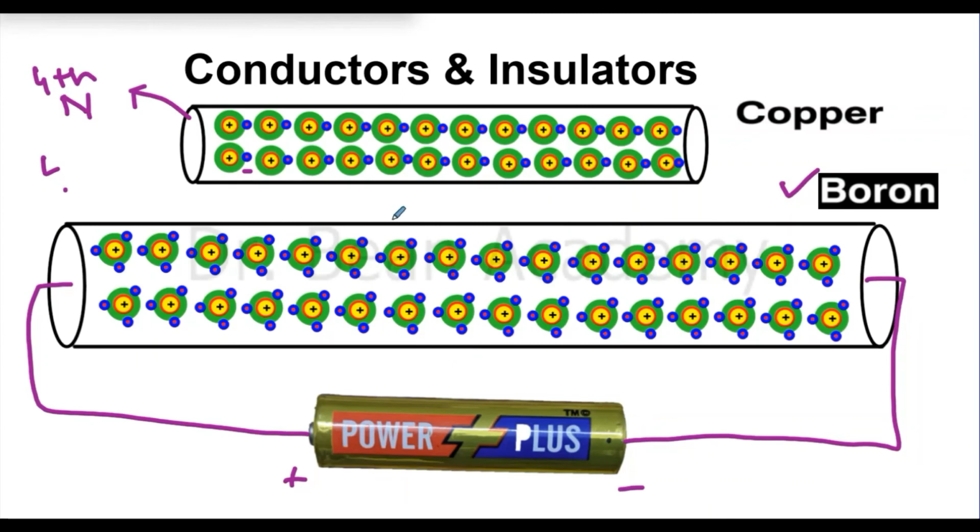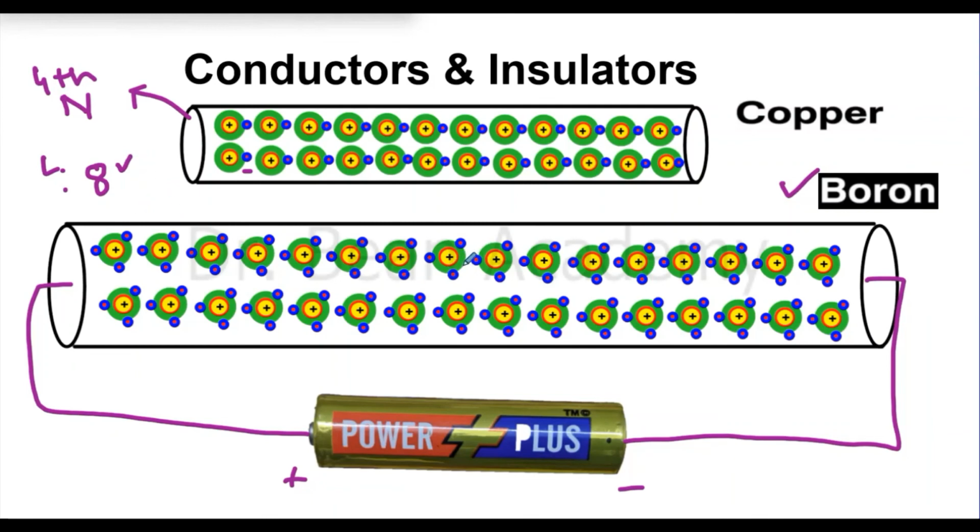Because we have seen in copper that the outermost or valence electrons will start moving and flowing, constituting a current. But now we have three electrons in the outermost shell, and we know that this outermost shell is the L or second shell, and in the second shell there should be 8 electrons, according to the recommended scheme of placement of electrons.